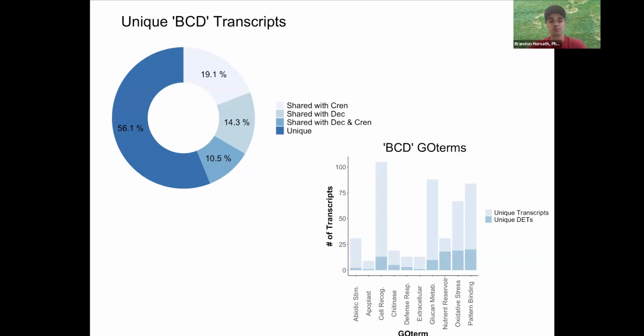And if we break down that 56.1% a little bit further, we can look at what pathways these genes are associated with and then filter out the ones that are more interesting to us.